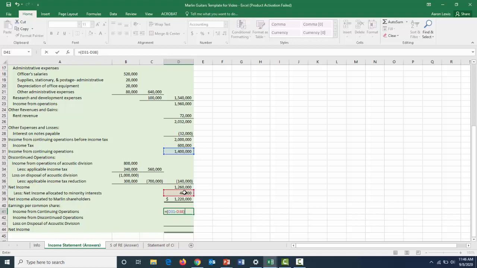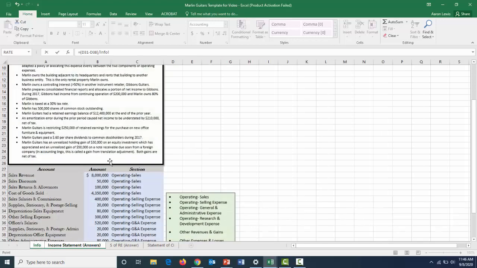And we got there, but it's not on a per share basis. To make it a per share basis, what we need to do is go into our info and find out how many shares we have to spread this amongst. So we're going to go through our information, and we're going to find right here, Marlin has 500,000 shares of common stock outstanding.